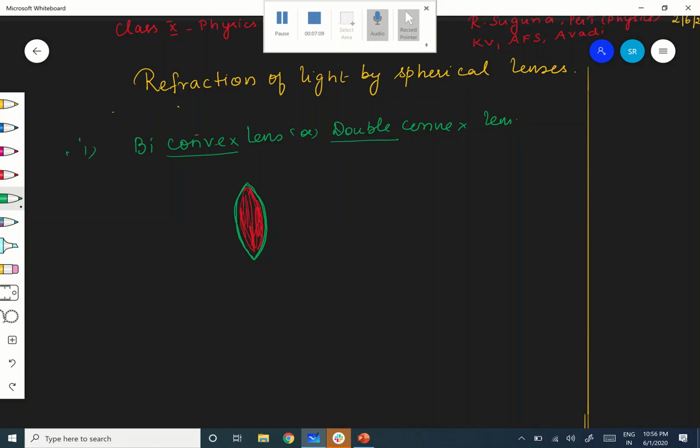Right. Next one. As I told you, depending upon the shape of the surface, you can name the lens. The next one is the biconcave lens or double concave lens.